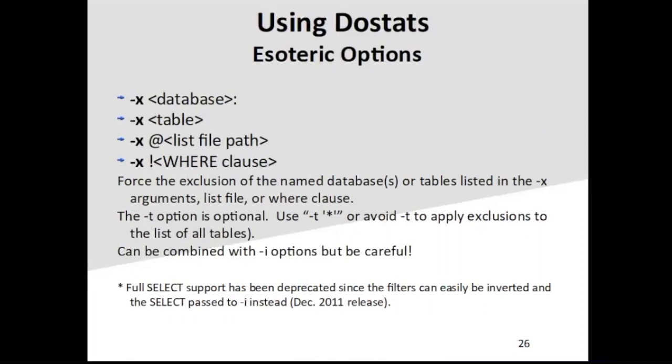Again, you can put the names of the tables not to process in a file, or use dash X table name to exclude those tables, even though they might be in the dash T list. And same thing with a where clause. There's no option with dash X to specify a whole select because it's really easy to reverse the where clause in your select statement with a dash I to specify the list of tables that don't include the ones you don't want to process. So I just didn't bother implementing it. Be very careful though, if you mix dash I and dash X options, you might not get what you expect to get.